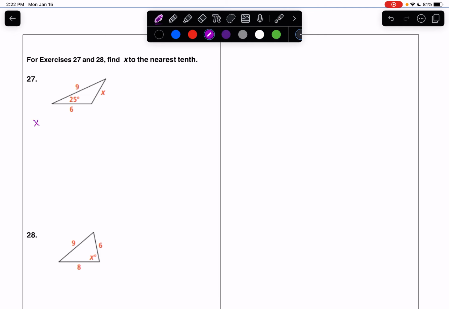So we've got x squared equals 6 squared plus 9 squared minus 2 times 6 times 9 cosine of the angle we know, 25. Luckily, we can put that whole thing in the calculator. We get x squared equals 19.11. Take the square root of both sides, and we get x equals 4.37. To the nearest tenth, that rounds to x equals 4.4.